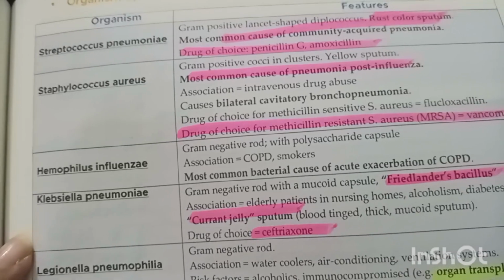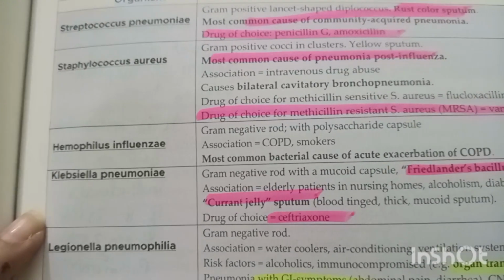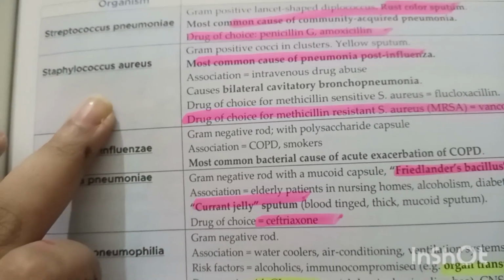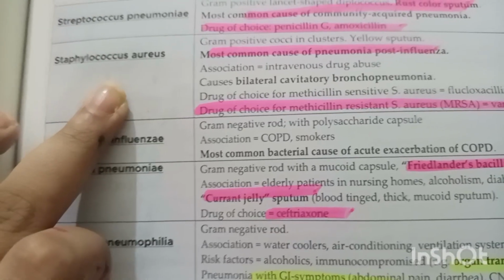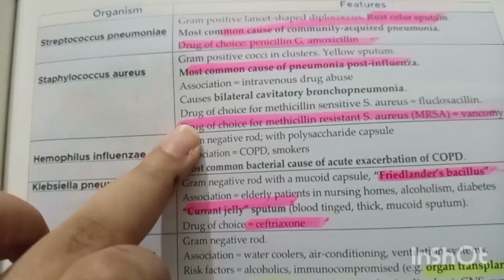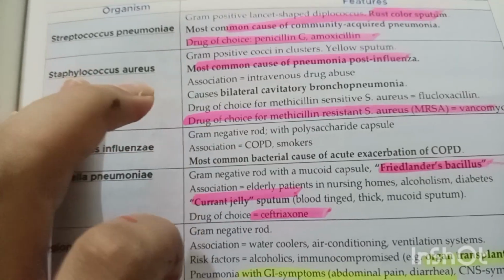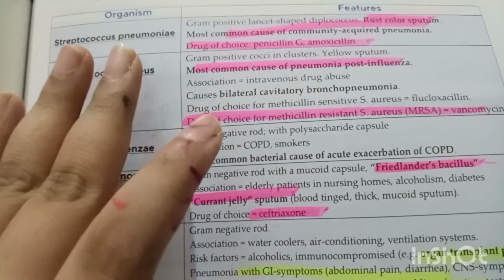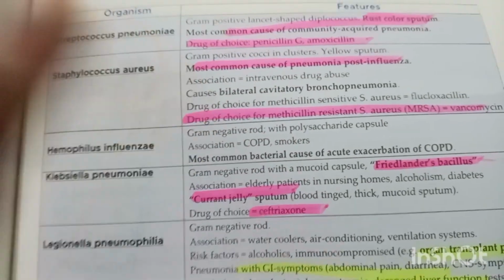So it is pneumonia post influenza. Because Staph aureus is methicillin resistant, the drug of choice here is vancomycin, not penicillin.